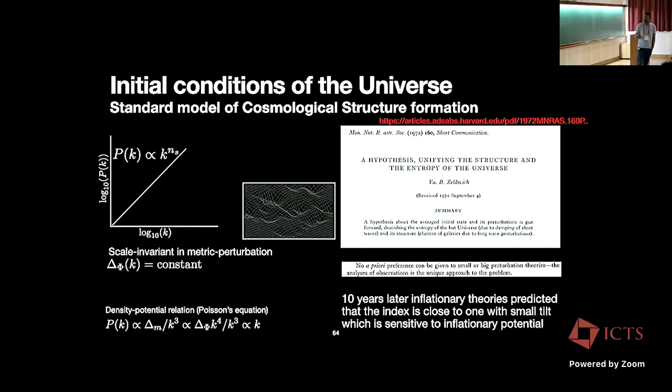This was proposed a long time ago in a paper by Zeldovich in 1972, and later on, when people worked out the inflationary scenario, they found more or less the same result with a slight tilt. And so that's why there is an ns, which is different from 1. It's not exactly k to the 1, it's k to the ns, where ns is a slightly different number than 1.